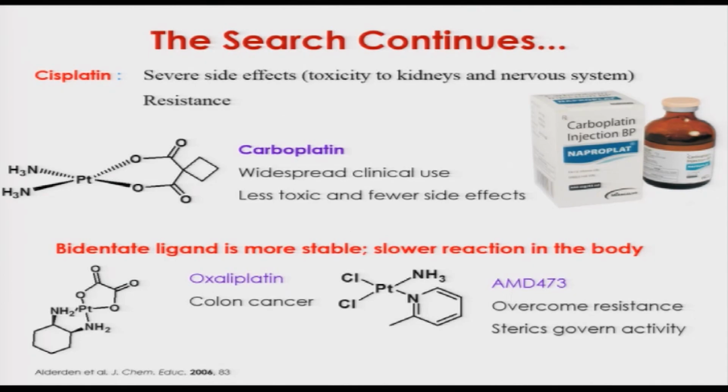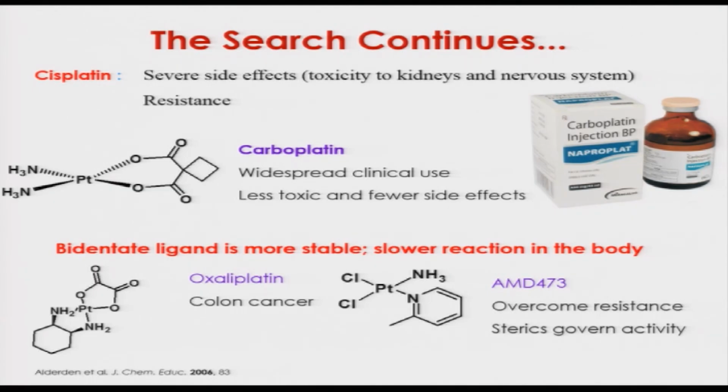Carboplatin has also been designed, which is now used clinically and is less toxic with much lesser side effects. So, carboplatin is now very popular. It can also replace cisplatin because it is less toxic.